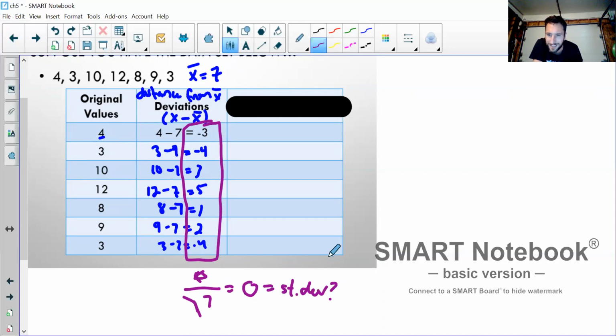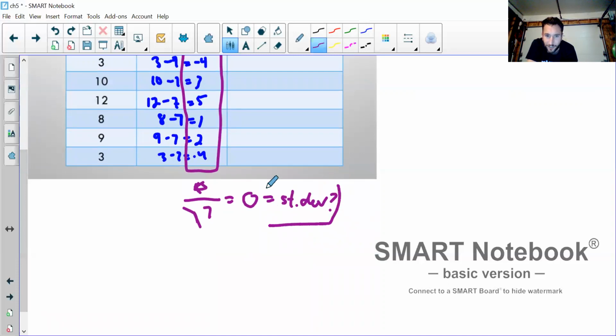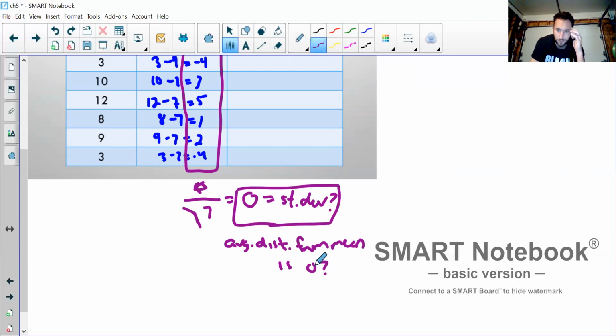But that doesn't make sense, because to say the standard deviation is 0 is to say that the average distance from the mean is 0. Think to yourself, what's the only way the distance from the mean could be 0? If I have a mean of 7 and some data values, maybe 5 of them, what's the only way the distance from 7 is 0?